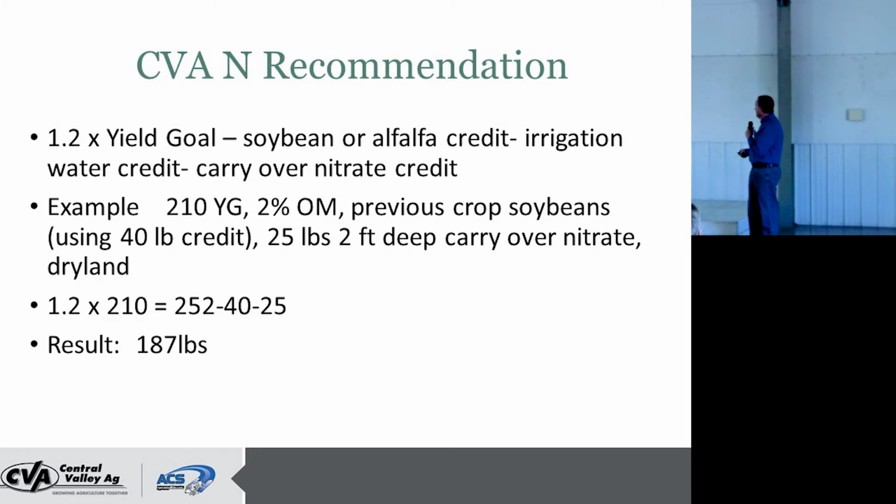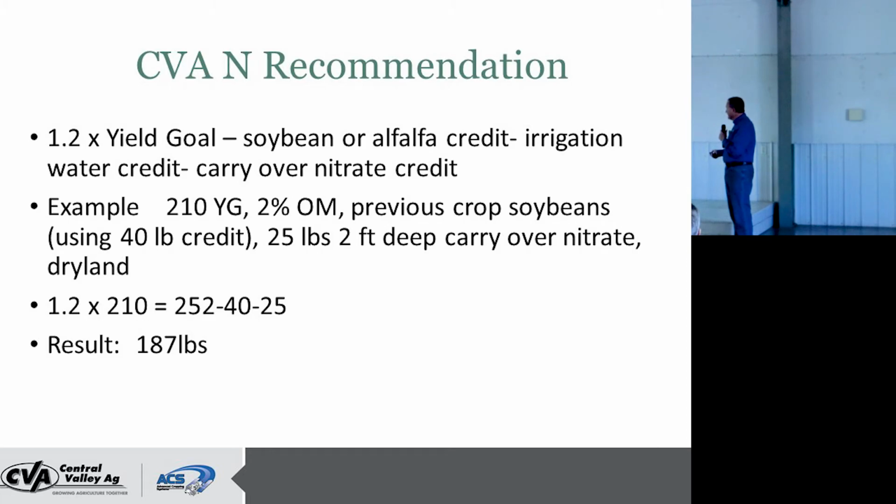But for the example, I put in $3.50 corn, 40-cent nitrogen, applied pre-plant. So the pre-plant is, if you're going to be more efficient, you're going to spread out your application more, you could have an adjustment factor. You don't need quite as much. That makes sense. For my example, I was 210 bushel corn, non-irrigated, 2% organic matter, and 25 pounds of carryover nitrate, and we were figuring spring application.